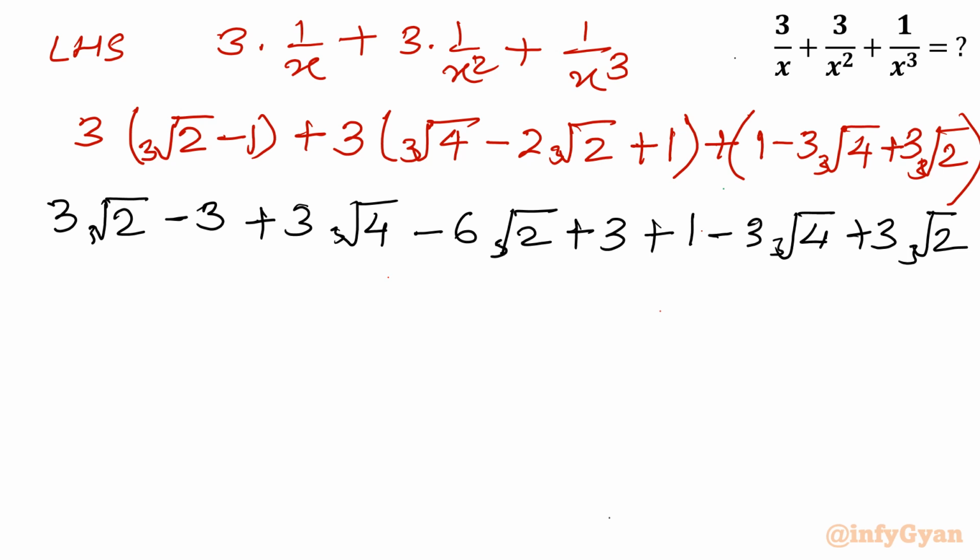Now cancel whatever we can cancel. See, the cube root of 2 terms, 3 plus 3 and 6 with negative sign, so we can cancel all the three terms.